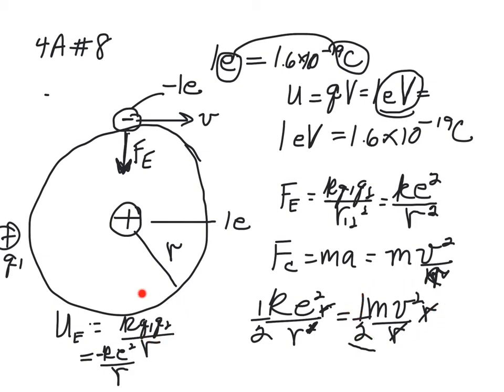So this would be the energy if the electron was sitting here and the proton was sitting here and I were holding them apart. This would be the amount of energy that it would take for me to take the electron and move it away, right? Because it's being attracted. I have to push the electron away.